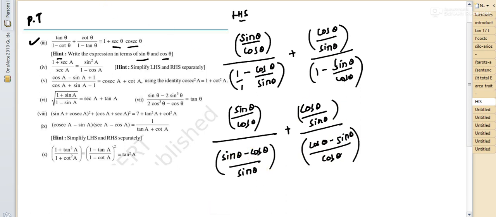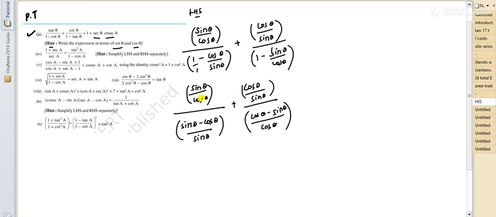Now see what I will do. I'll just bring this to the numerator. So you know that a by b whole divided by c by d can be written as a by b into d by c. This will be interchanged like d by c. So that's what I'm going to do here.